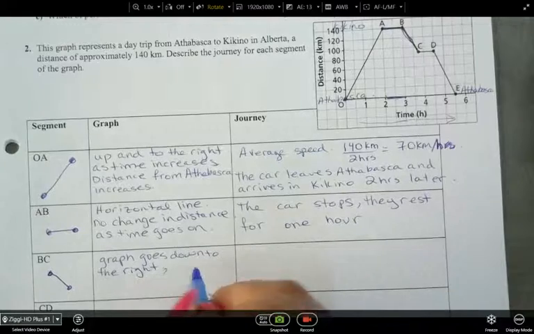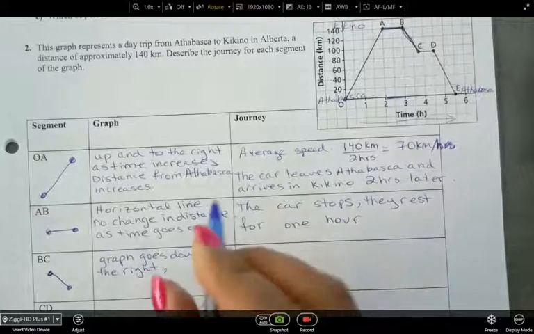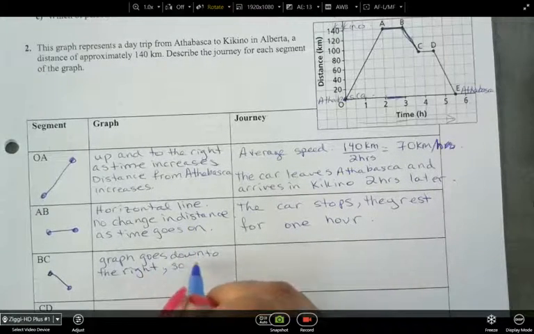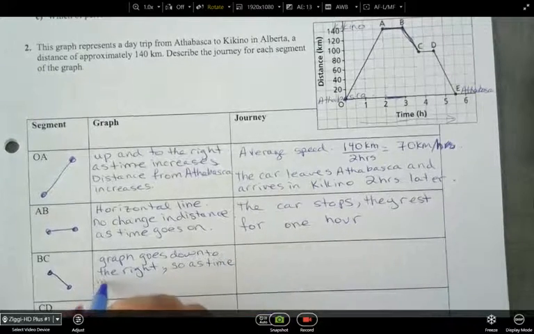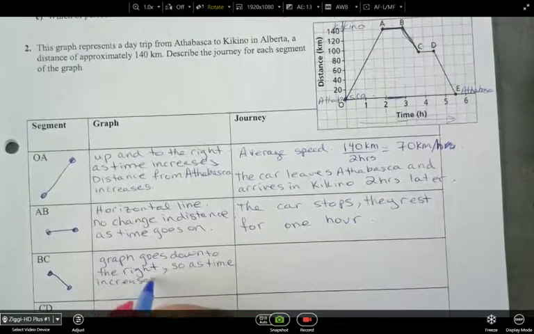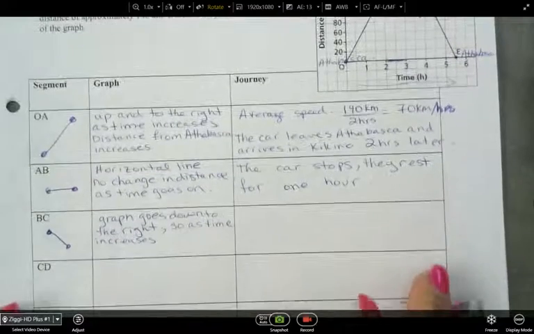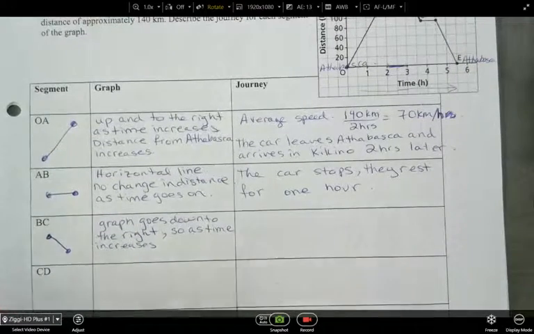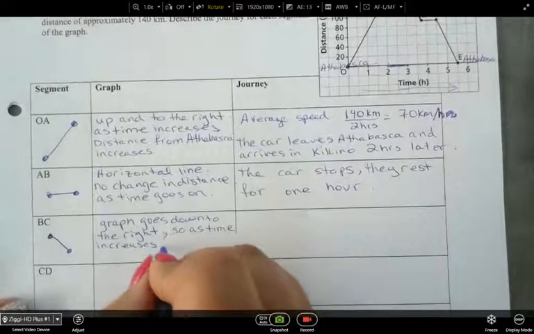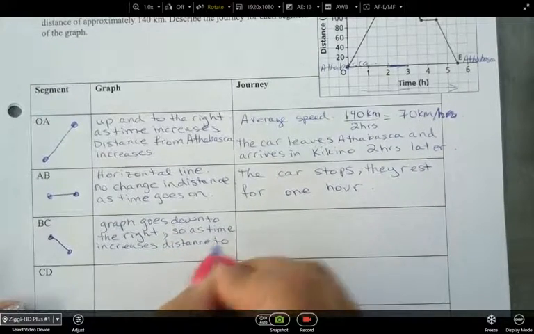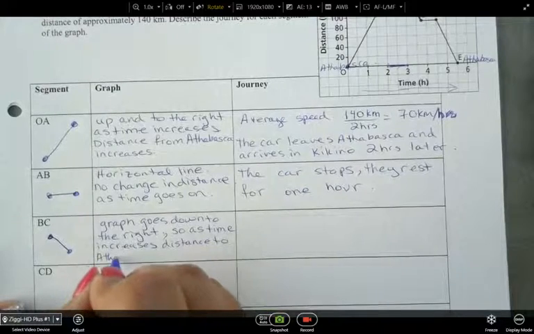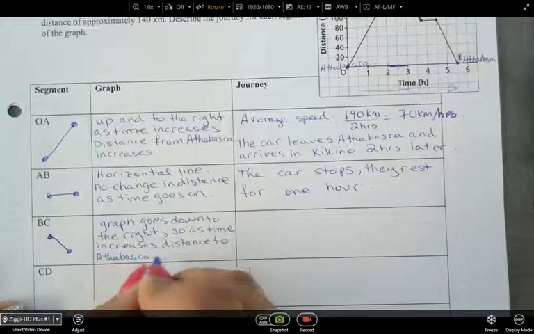Okay, so as time increases, what happens? Distance to Athabasca decreases.